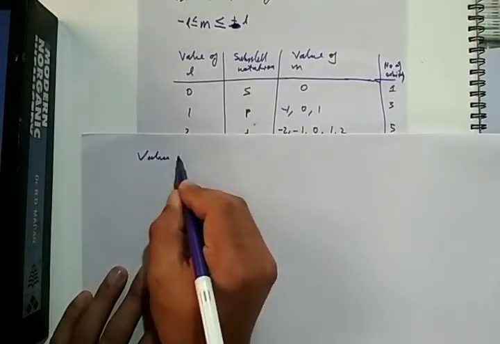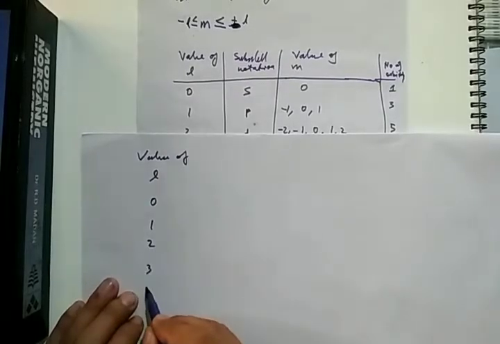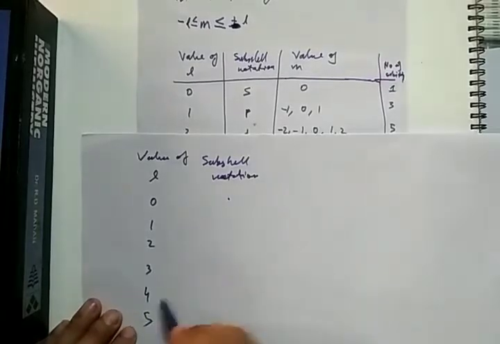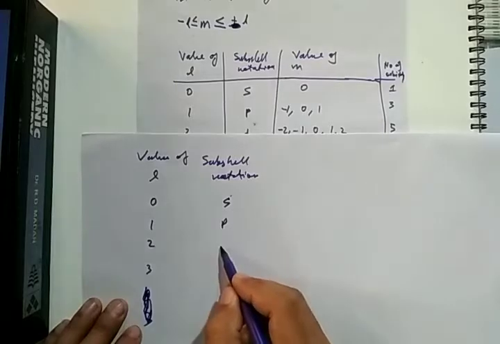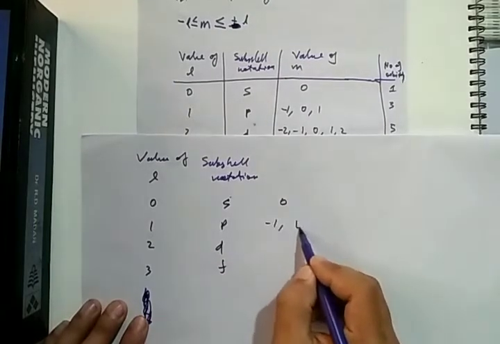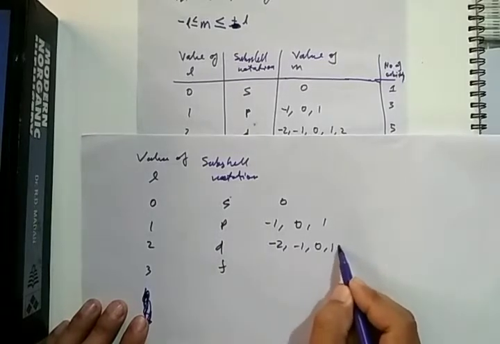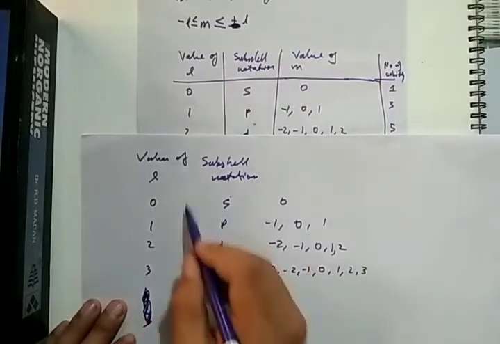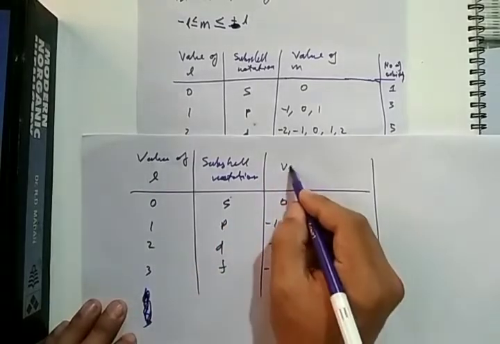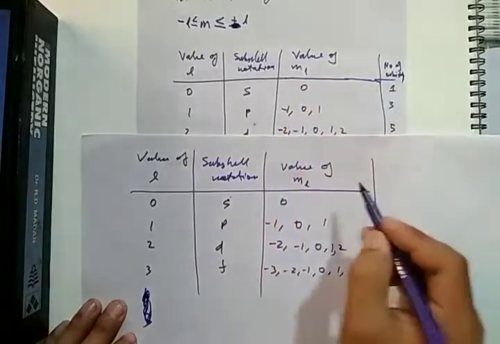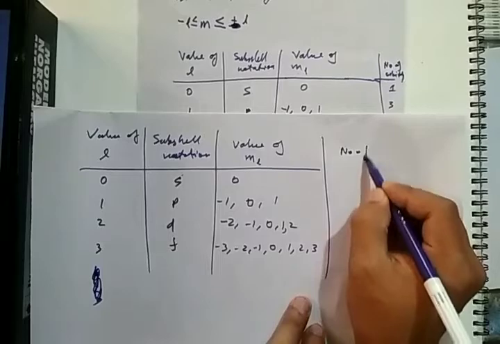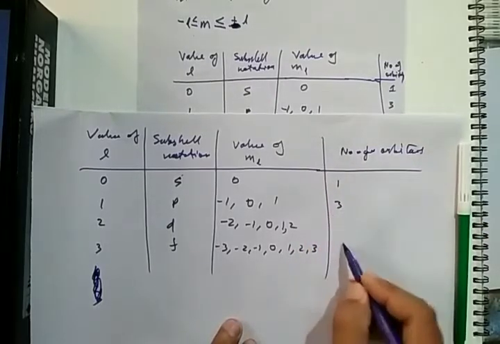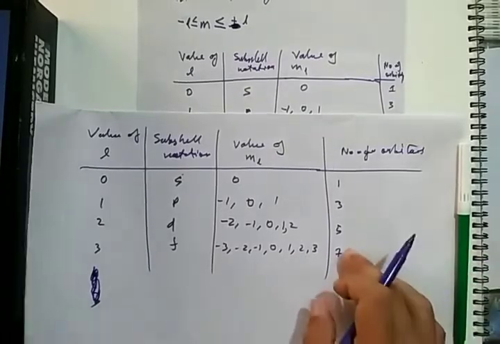Let me write again. The number of orbitals will be 1, 3, 5, 7, 9, and then so on.